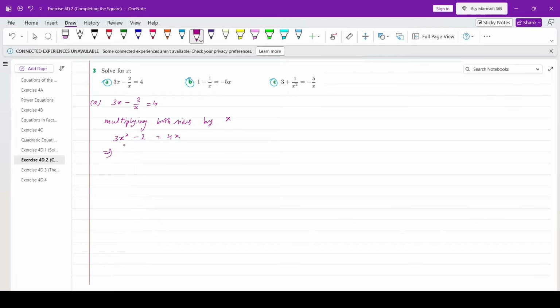Now if we rearrange and take variable part on one side, 3x square minus 4x, and the constant part on the other, this is what we get. Now to make this term only x square, we need to divide the whole equation by 3. So dividing both sides by 3, we get x square minus 4 by 3 x is equal to 2 by 3.